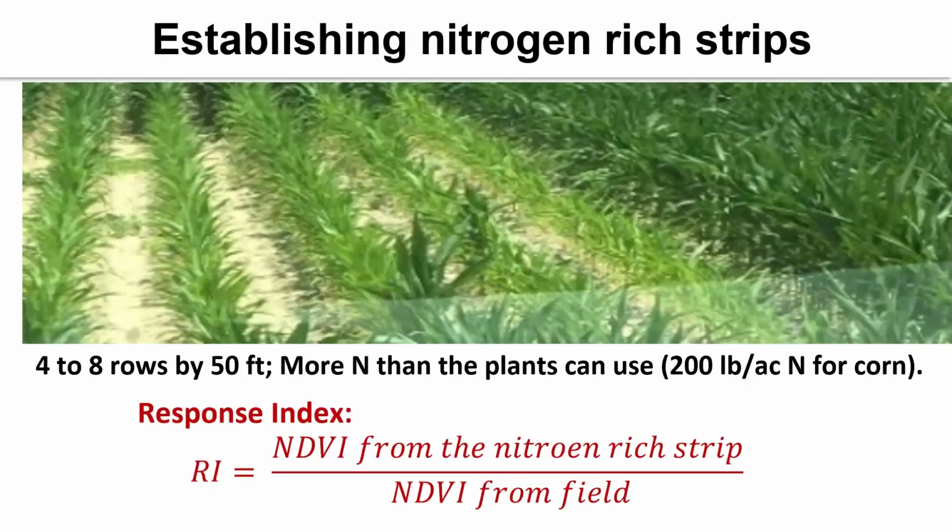And the reaction will be calculated by the nitrogen response index, for which we calculate the NDVI from the nitrogen-rich strip area divided by the NDVI from the rest of the field, which didn't receive that enriched rate. And when we get this, we will find out how they are doing.